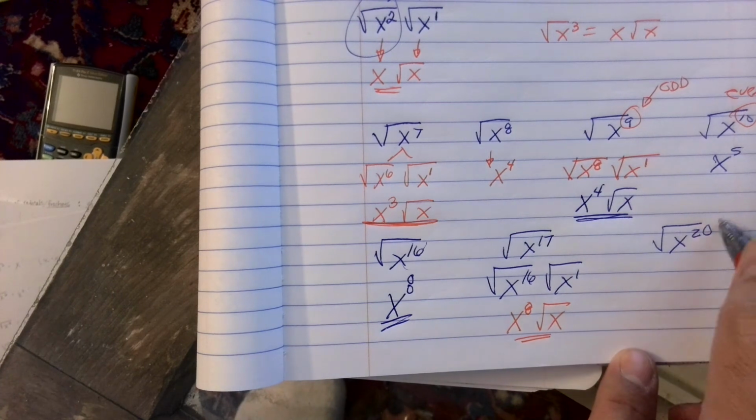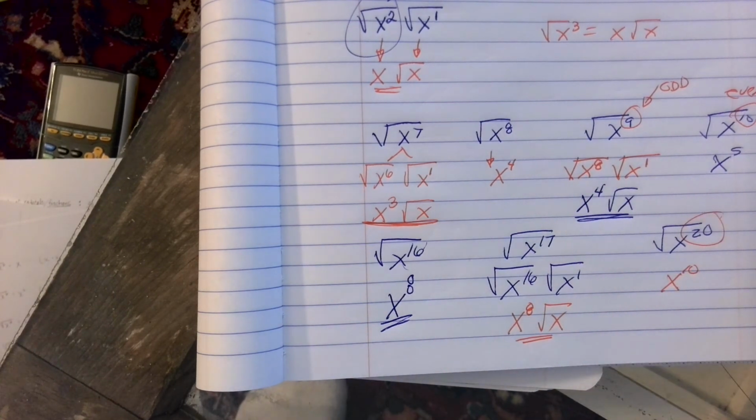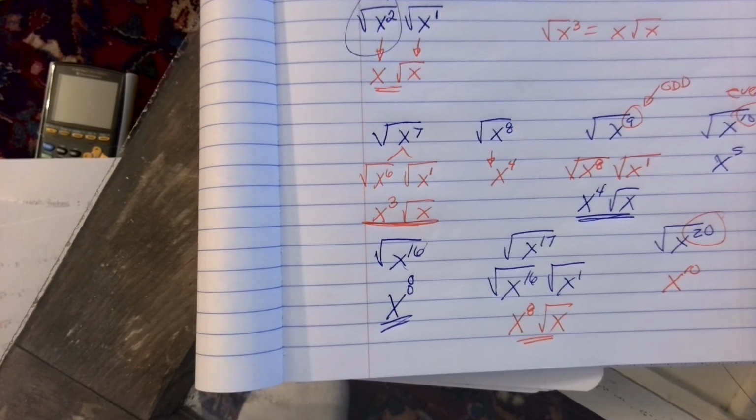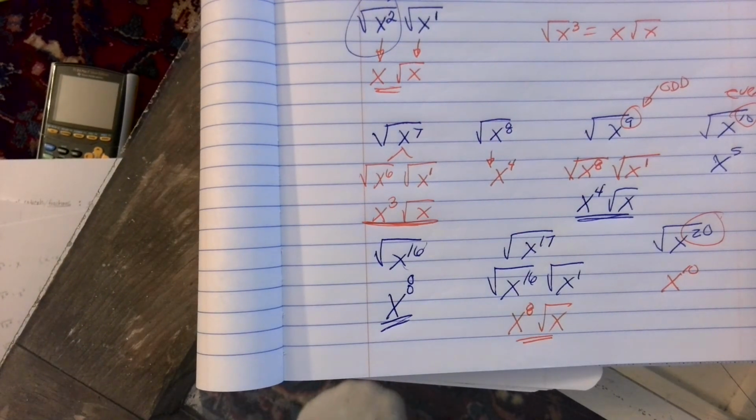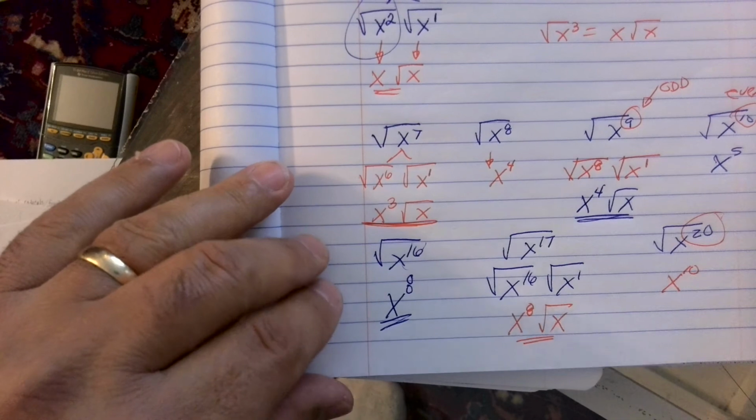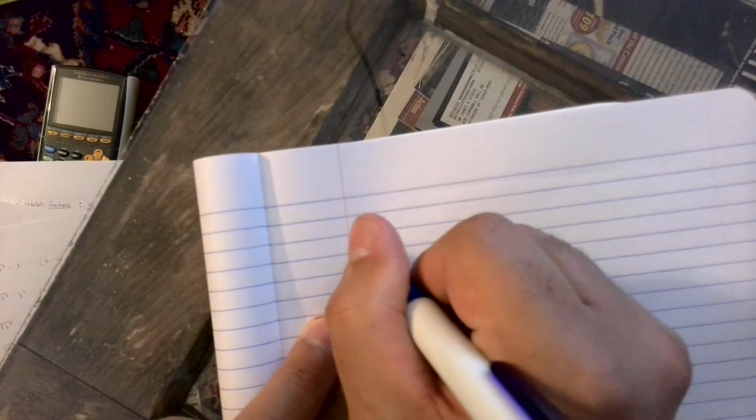And lastly, this one's nice and even, so I have x to the 10th. X to the 10th times x to the 10th will give me x to the 20th. You all agree? I keep wanting to hesitate and give you some time to write it down, but you could always pause before moving forward.